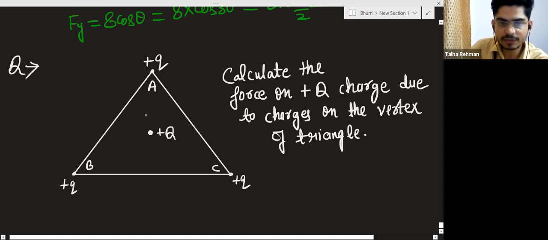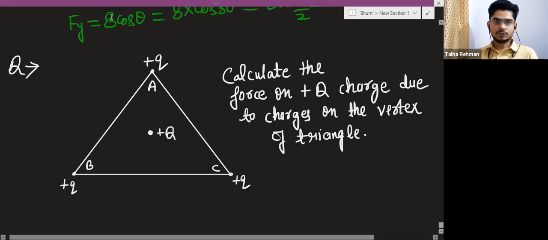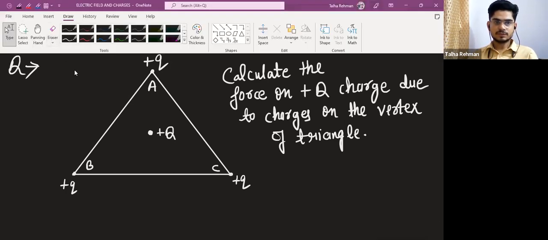Now we have to calculate the total force on this charge due to these three charges.